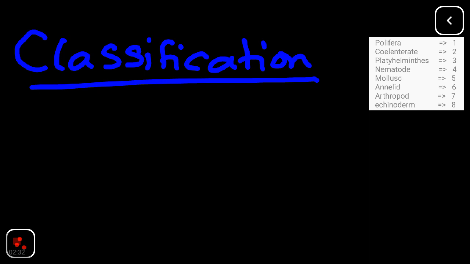That's what most of our discussion will be, because from mollusks down, they will have that property. And you can see I put mollusks at number five. There is reasoning for it.